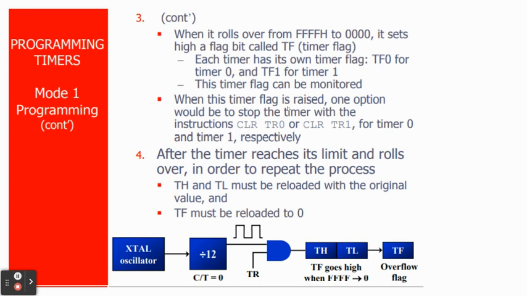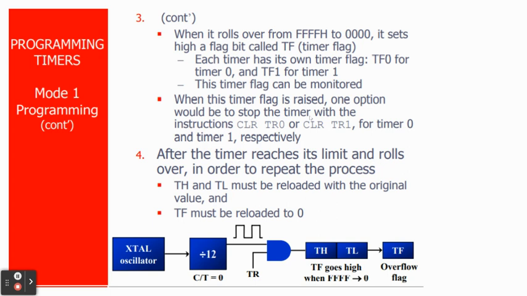Now, when this timer flag is raised, meaning TF0 or TF1 equals 1, one option would be to stop the timer. To do that, in C language you can just write TR0 = 0 if it is timer 0. If it is timer 1, then TR1 = 0.